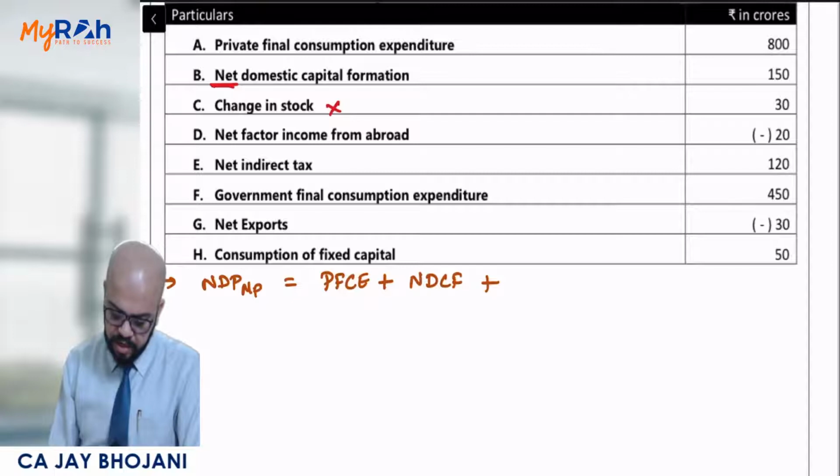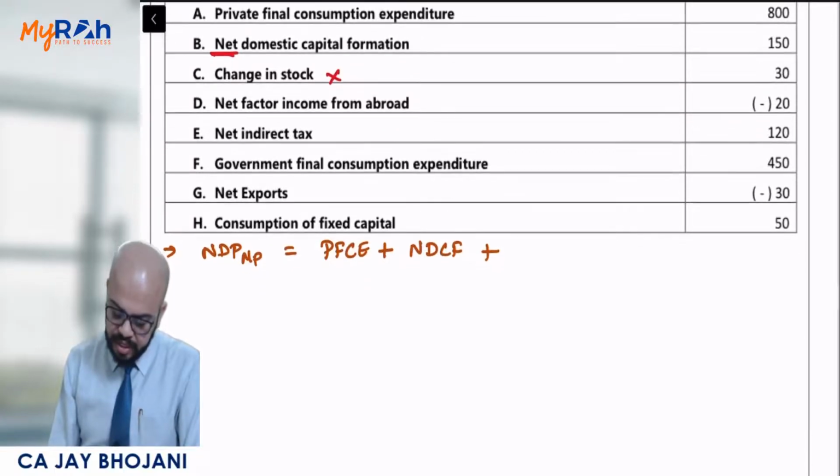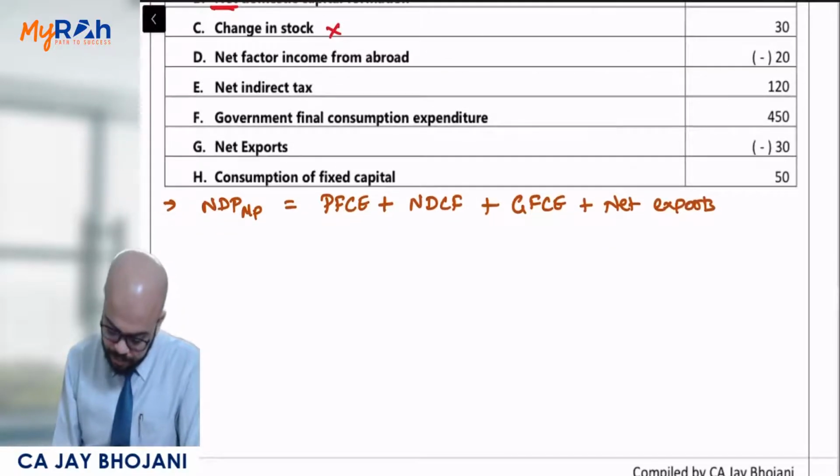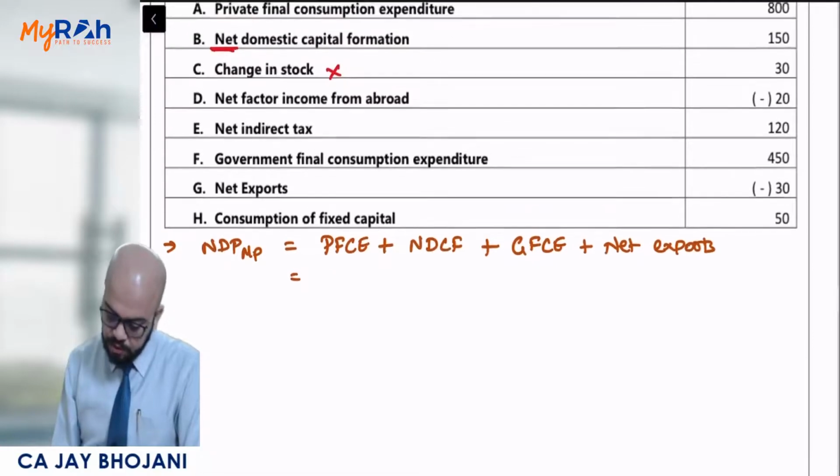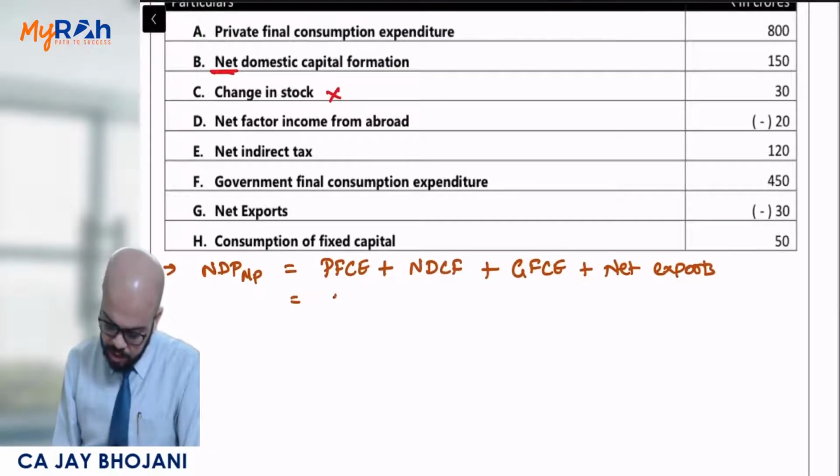NFIA not required right now. Net indirect taxes not required right now. GFCE I will have to add. And net exports I'll have to add. Okay. So this is going to give us 800 plus 150 plus 450 plus negative 30.